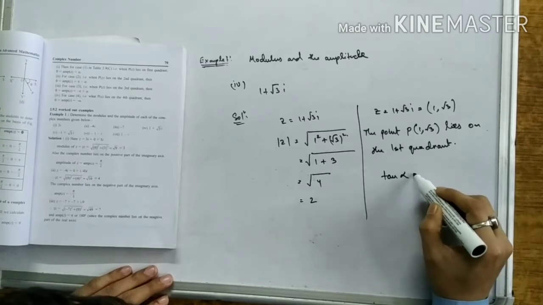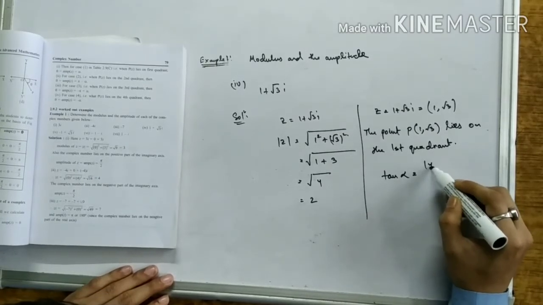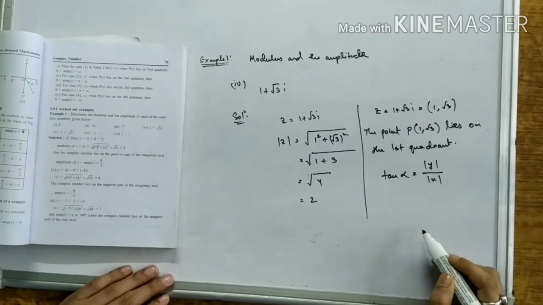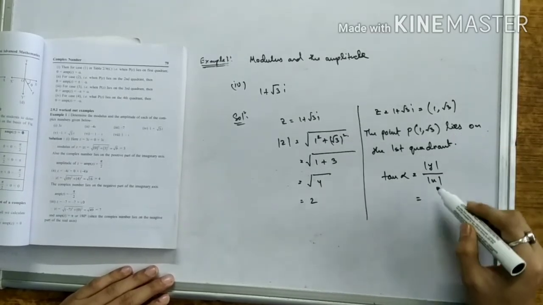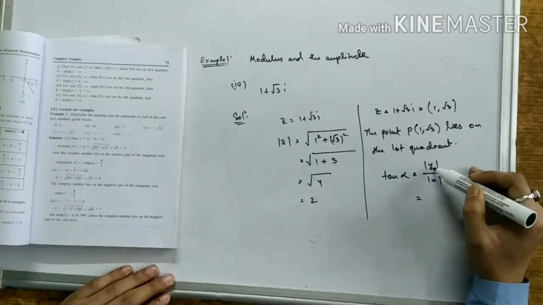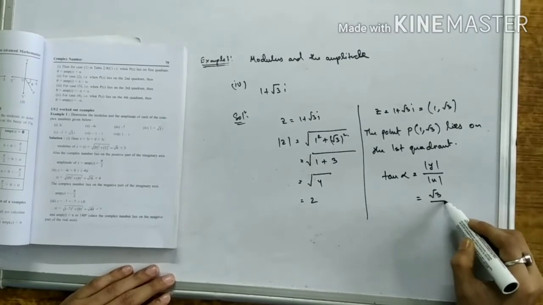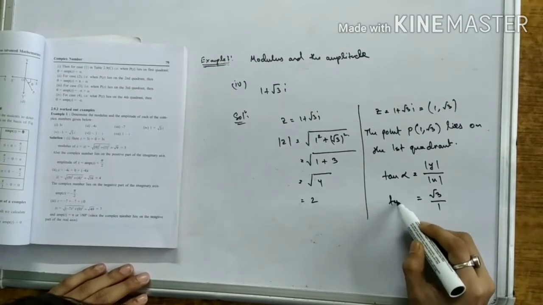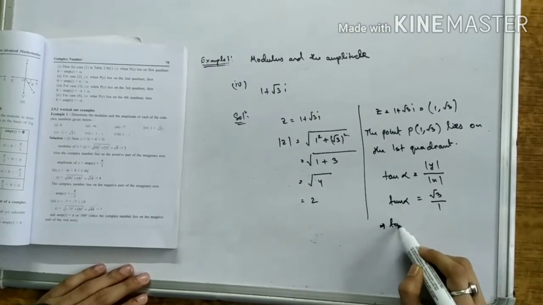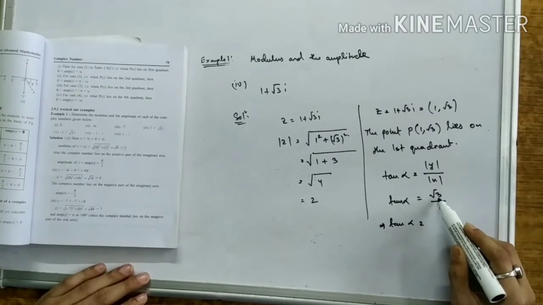Tan alpha is equal to modulus of y by modulus of x, which is root 3 by 1. So tan alpha is equal to root 3.